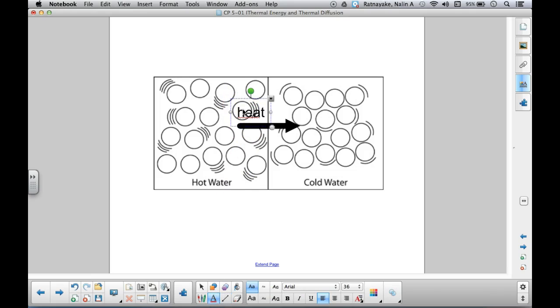We call this heat. Heat flows from hot to cold until they reach the same temperature. At some point in the future, these are going to reach the same temperature, probably something like warm, or something between these two values.